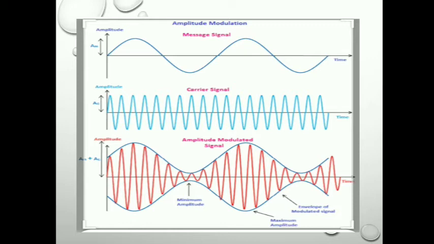See here the minimum amplitude and here the maximum amplitude, so the envelope of the modulating signal. Both are combined, and the principle is the superposition principle. The output is the amplitude modulated signal. This is amplitude modulation.